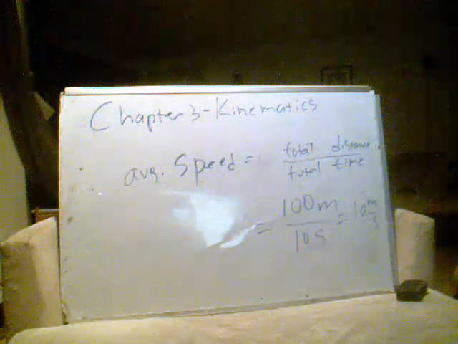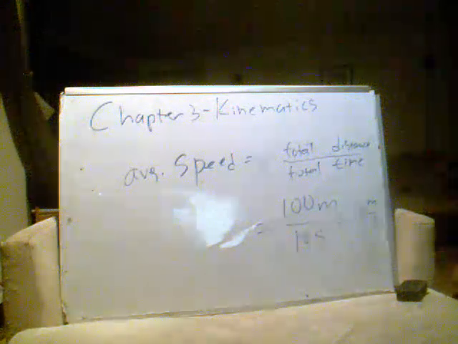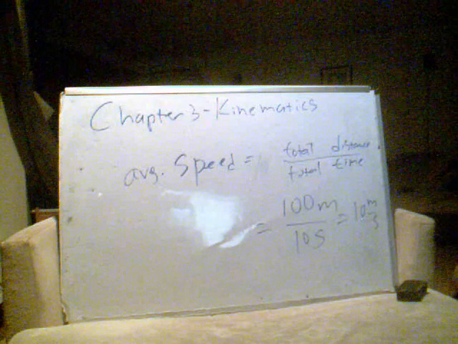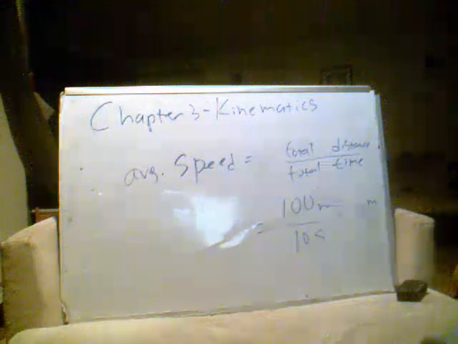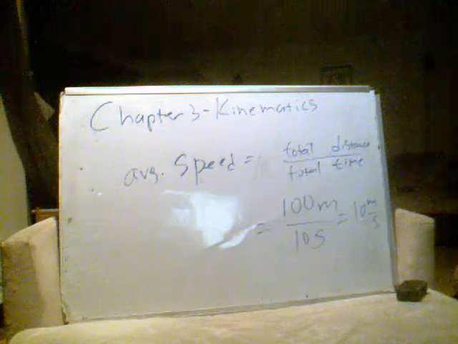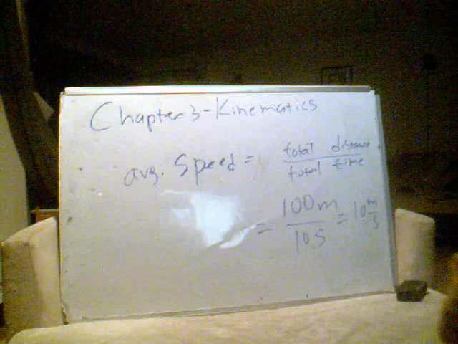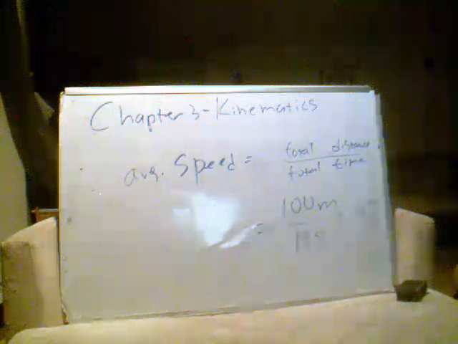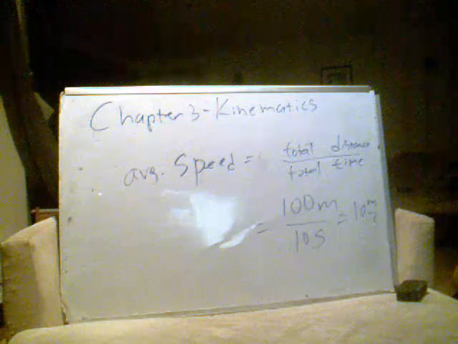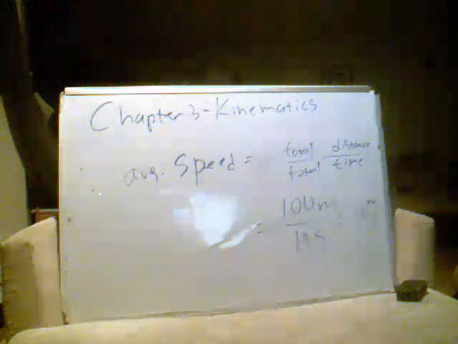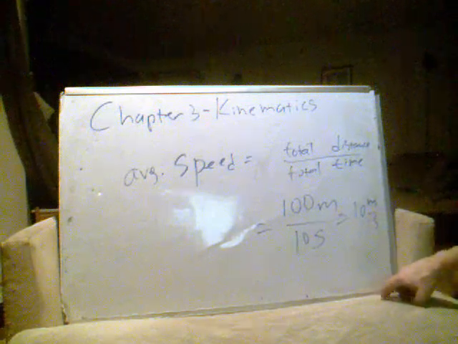Now, your average speed is distinct from your instantaneous speed. Your instantaneous speed is how fast you're going at one instant in time. If you look at your speedometer, for example, that's going to tell you what your instantaneous speed is at the moment that you glance at it. Now, velocity is what you get when you give an instantaneous speed a direction. Thus, velocity is a vector quantity.